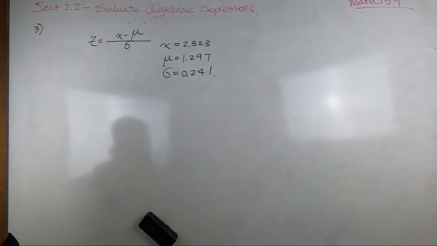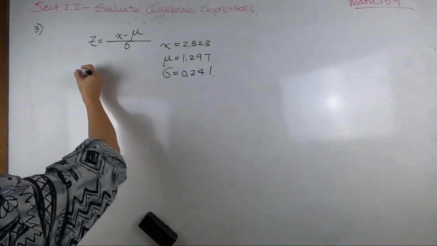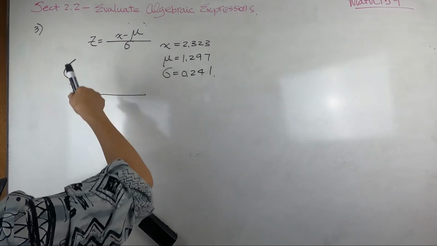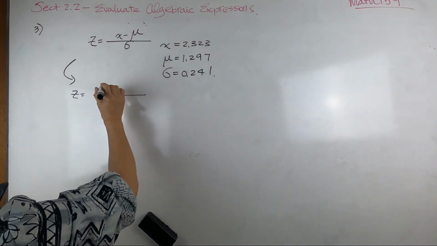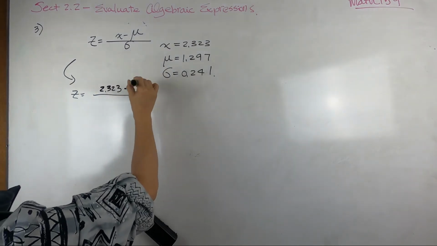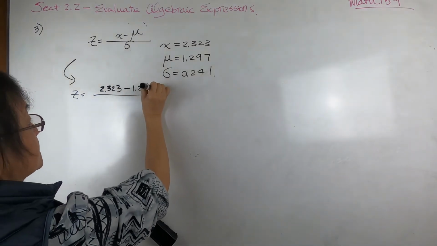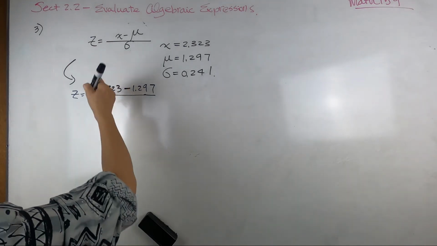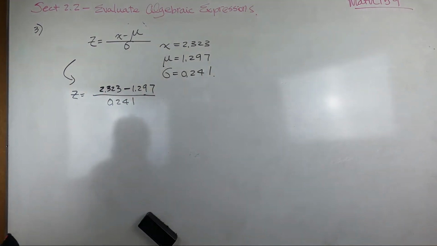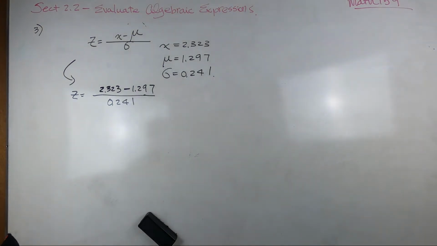What do you think you need to do? Plug in, right? So your z is x minus mu, so you plug in. x is 2.323 minus mu, 1.297, over sigma, 0.241. Then you put it into the calculator.